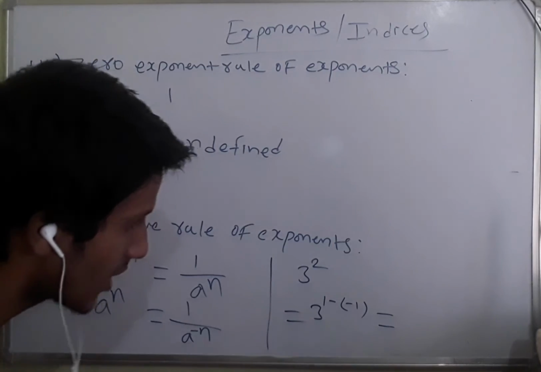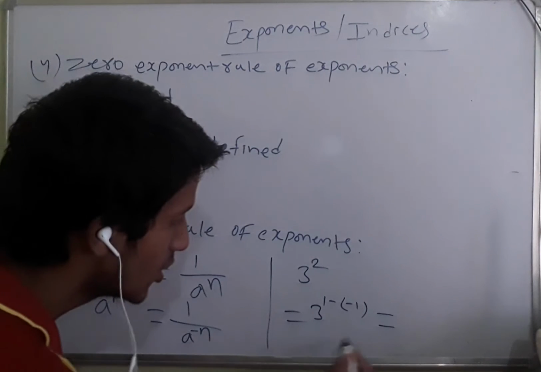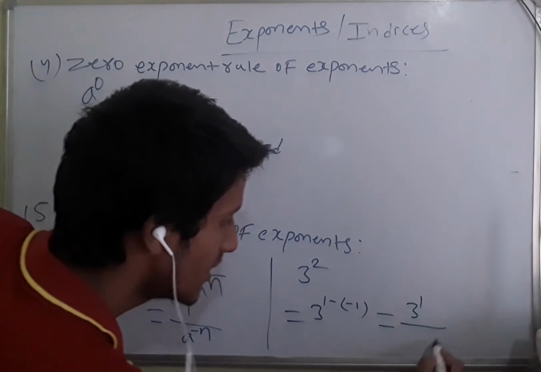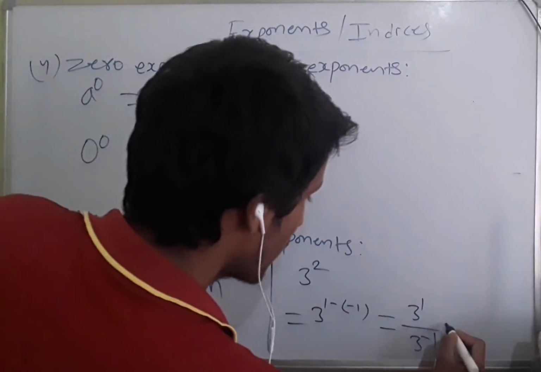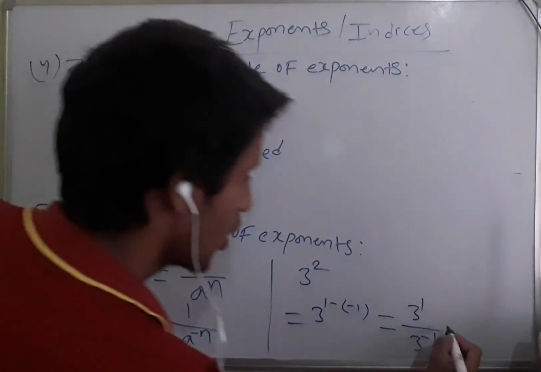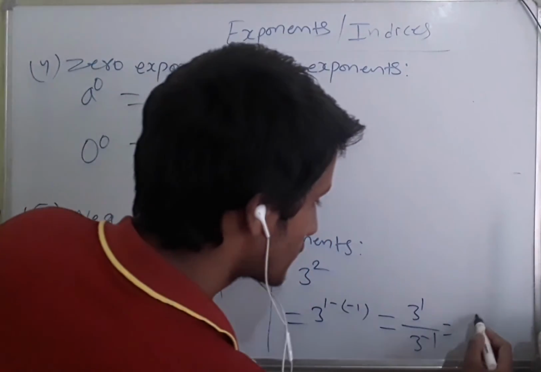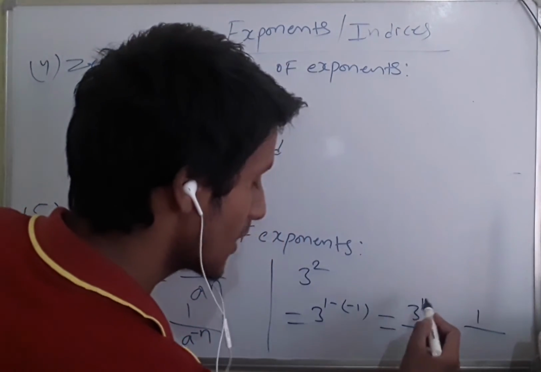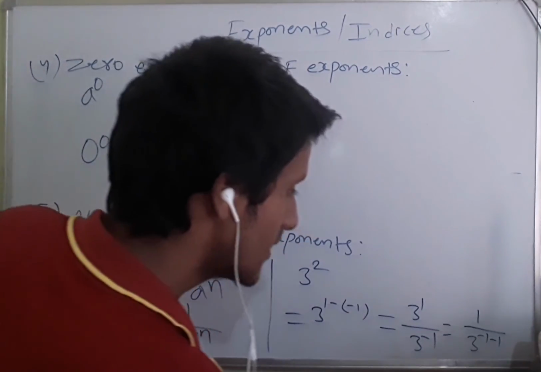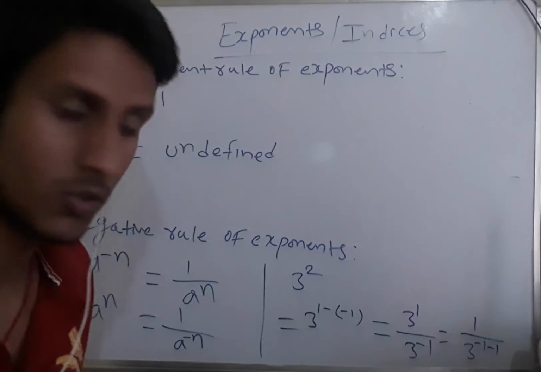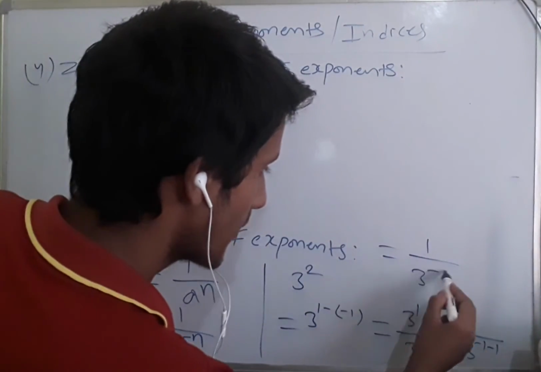In terms of the rules of exponents or indices, you can write this as 3 to the power 1 divided by 3 to the power minus 1. What you have to do is further simplify this to make it look like this one. You write 1 on top, and you take the 3 over there, and it will be subtracted because this is dividing this one. So you can write this as 1 over 3 to the power minus 2.